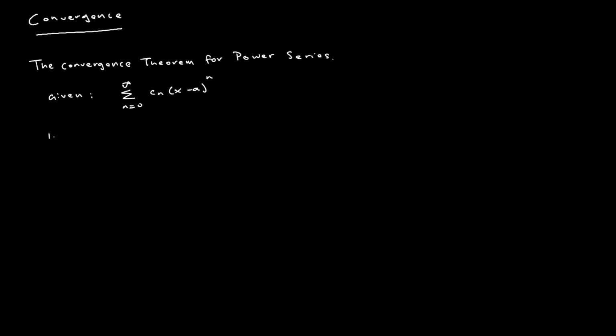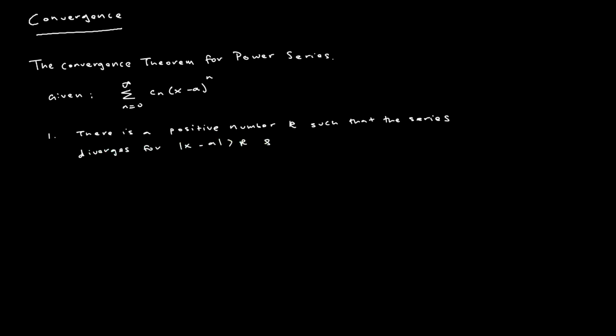So case 1 states that there is a positive number r such that the series diverges for the absolute value of x minus a greater than r, and converges for the absolute value of x minus a less than r.